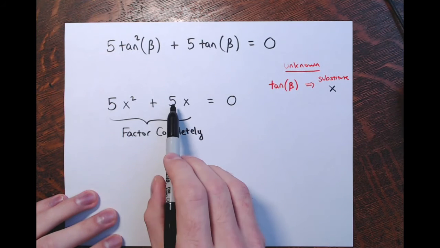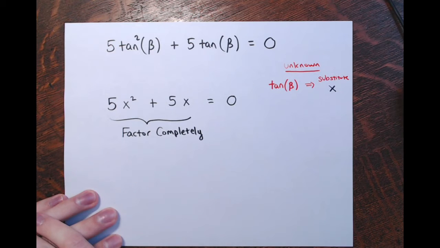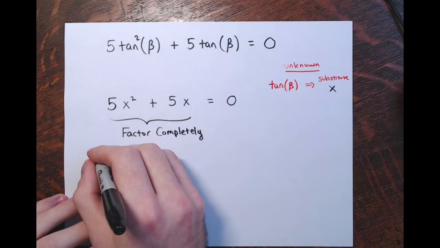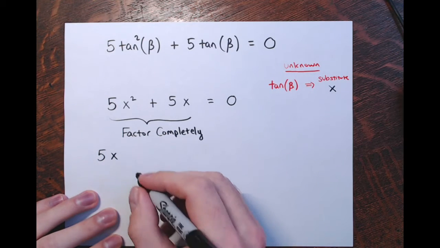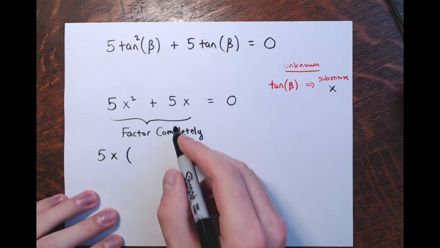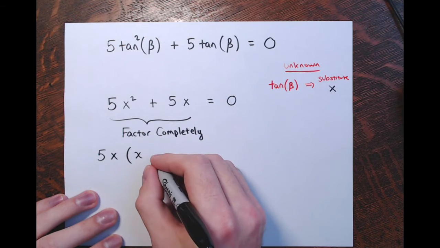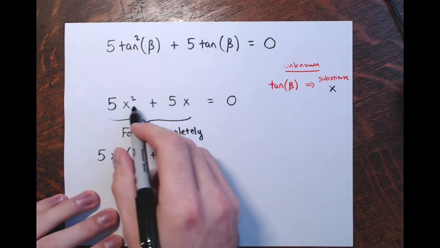The first thing you do when factoring is pull out the greatest common factor of all the terms. Both have 5 and a factor of x in common. If you pull out 5x, what's left over is x plus 1. If you redistribute the 5x, you'd get the original back.